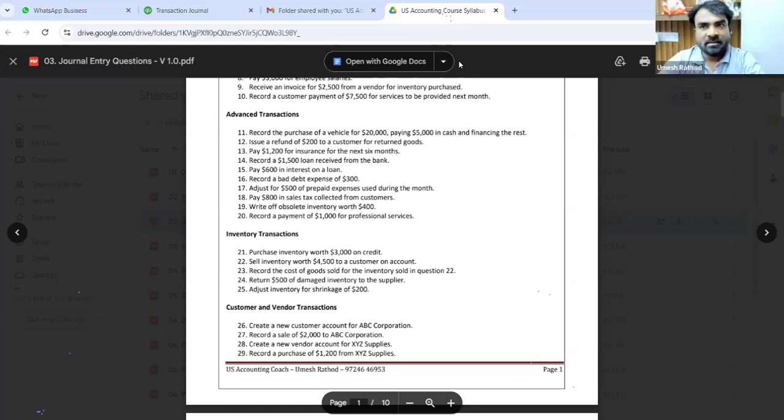We can say we are selling goods of $100 with 18% GST. In the US there is no GST, but I'm just giving you an example. So the actual amount is 118. AR debit with 118, sales credit with 100, and sales tax payable 18. And sales tax payable is our liability account.